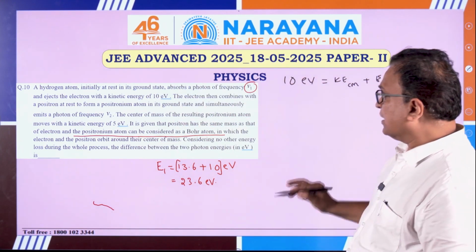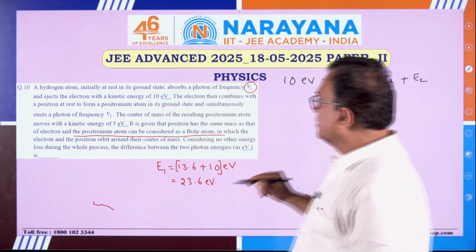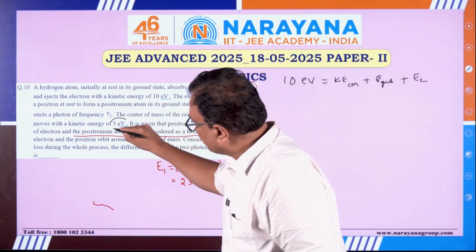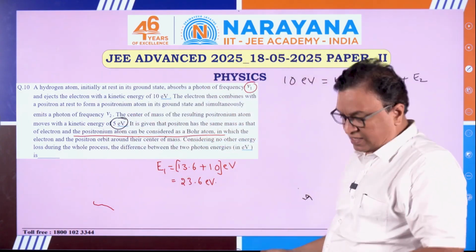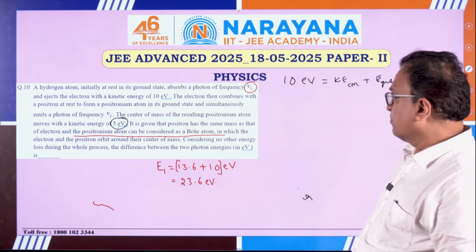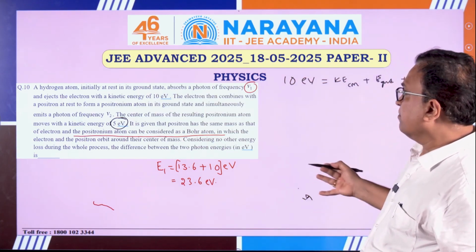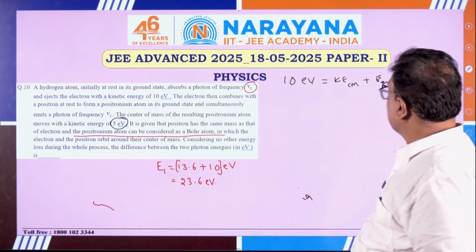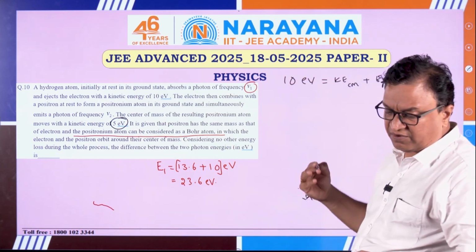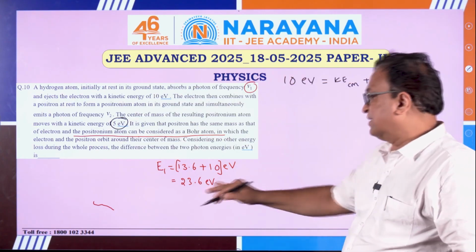Now, data is important for you right now. The center of mass of the resulting positronium atom moves with a kinetic energy of 5 electron volts. That's given to you clearly. Next, one more important point. What about the EG part of that? The EG part will become half of 13.6 actually.